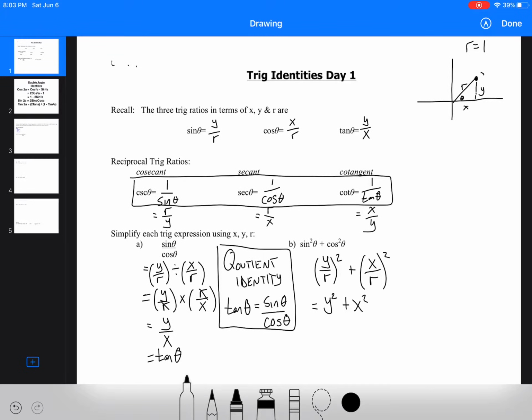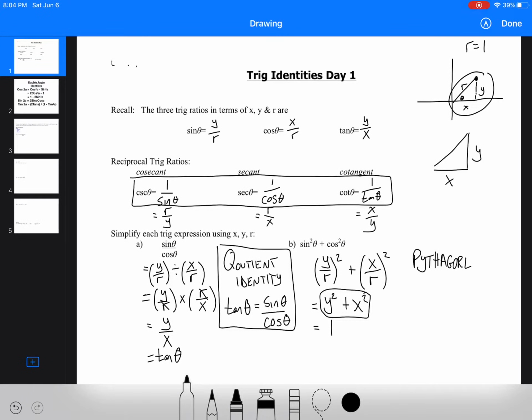Well, if I look up here to that triangle, if I was solving for r, we know r is equal to 1. We do Pythagorean theorem: x squared plus y squared equals r squared. Well, x squared plus y squared in this case is equal to 1, because 1 squared is 1. So this whole thing down here actually equals 1. Well, that's our Pythagorean identity.